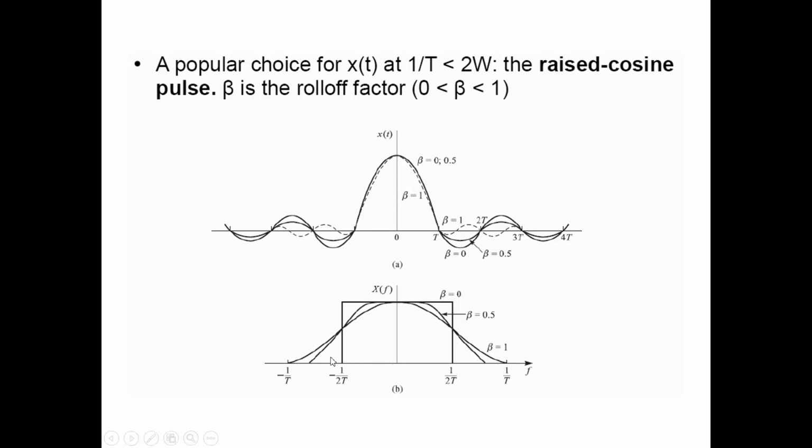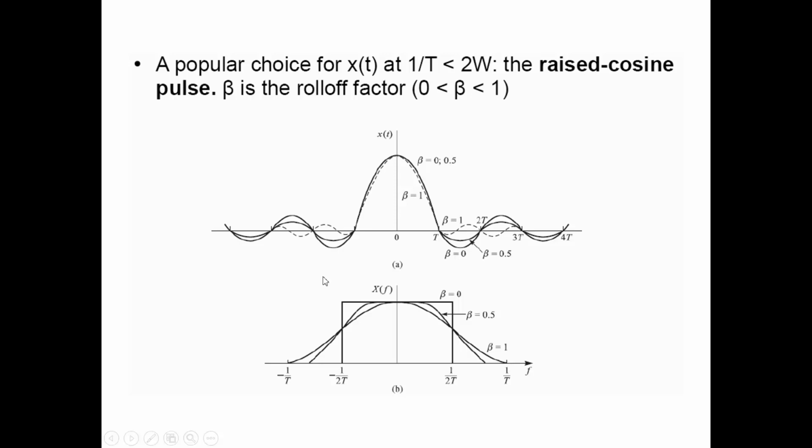Now, what it says is that for beta equal to 0, it has to be a rectangular pulse, right? So that will not be a good case, because ultimately we have to receive various streams of pulses, and in that case the addition of the superimposed values should result in a flat spectrum.